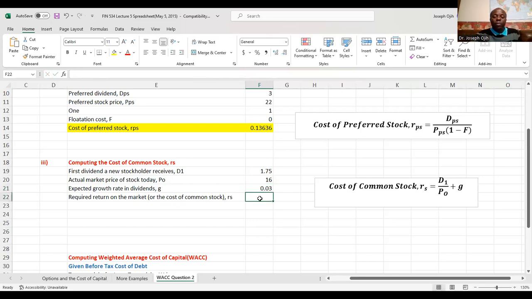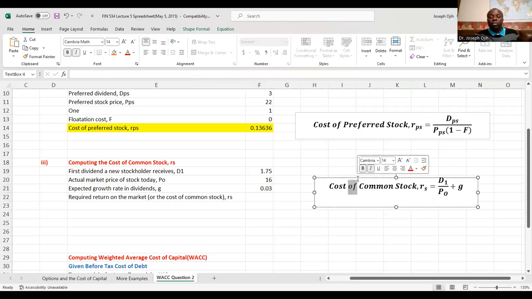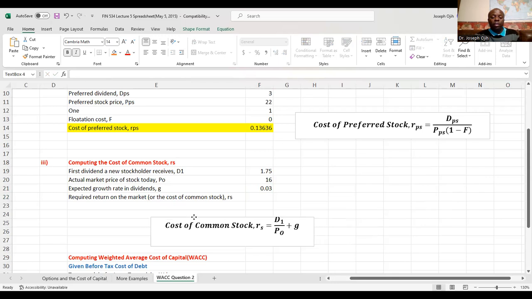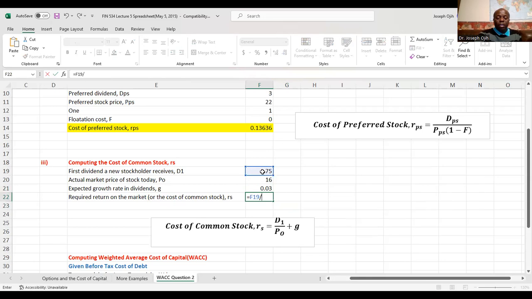Having all the information now, we can calculate the cost of common equity by looking at this equation right here. That will help us. See, first one is the D1. Put an equal sign, then parentheses, D1, which is the first dividend of $1.75, divided by, oh sorry, I'm going to use parentheses at the beginning so that I'm dividing these two together.